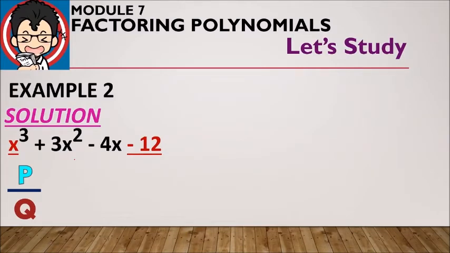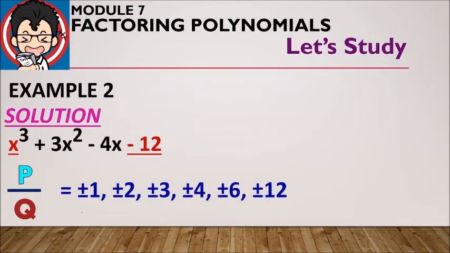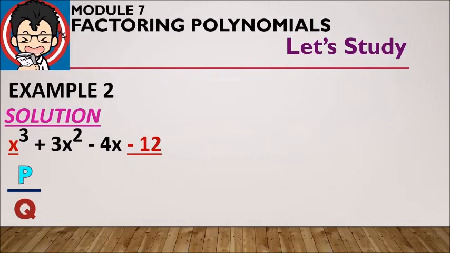Now, para hindi tayo mahirapang maghanap ng mga possible roots or possible answers, it would be better if we will list down yung mga possible roots. Okay? Ayun na nga.